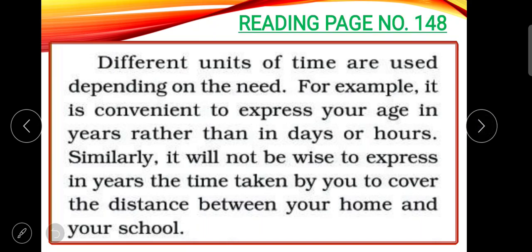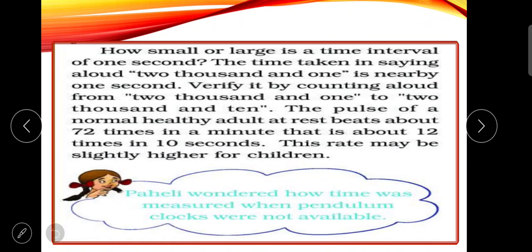So this is something we need to understand. The time taken in saying aloud 2001 is nearly 1 second. You can verify it by counting aloud from 2001 to 2010. You can also take the pulse of a normal healthy adult, and we can calculate the time required.